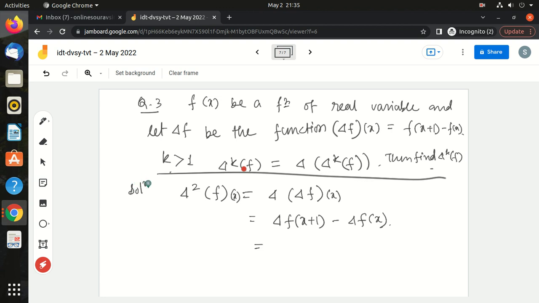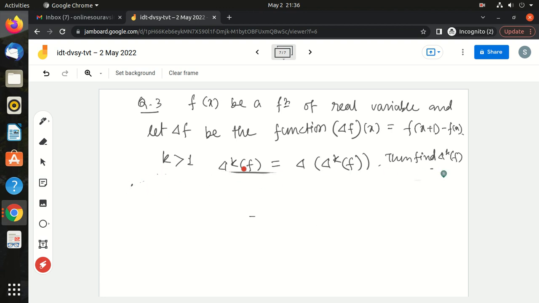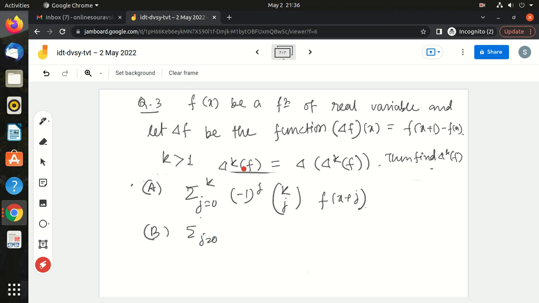Let me write down the options here as well. Option A is summation j equal to 0 to k minus 1, minus 1 to the power j, k plus j, f of x plus j. Option B, summation over j equal to 0 to k minus 1, minus 1 to the power j plus 1, k choose j, f of x plus j.